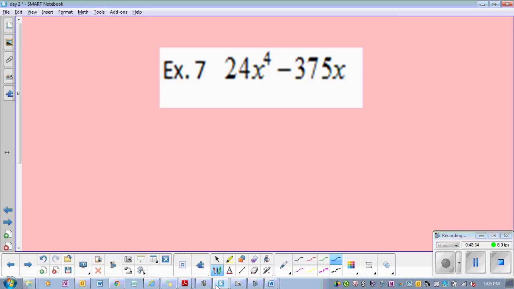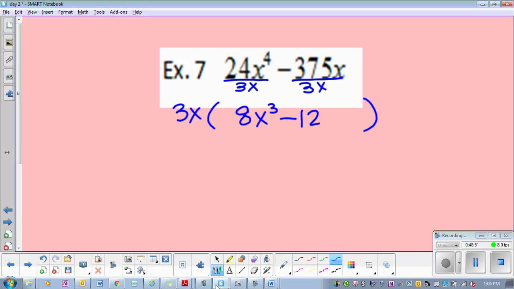And they both have an x, so an x can come out. 3x. So that's 8x cubed minus, what is this? 125. Right?